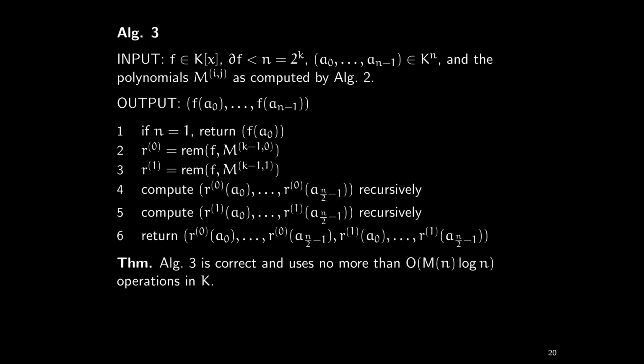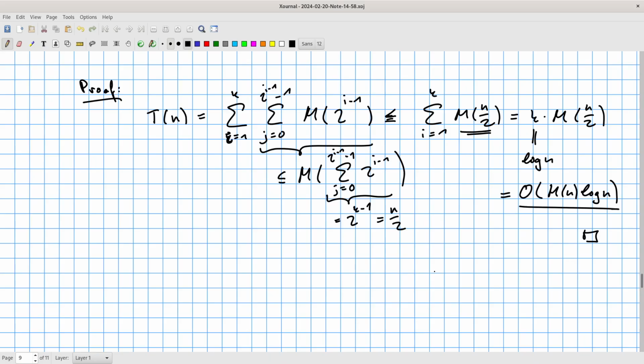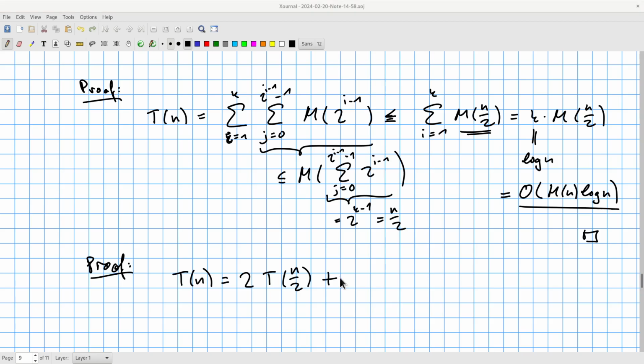And why is this? So this is again something that we can easily see, prove. What is T of n? So now we have a recursive algorithm, and it does two recursive calls to problems of half the size. And then it does something in addition at every recursive level.